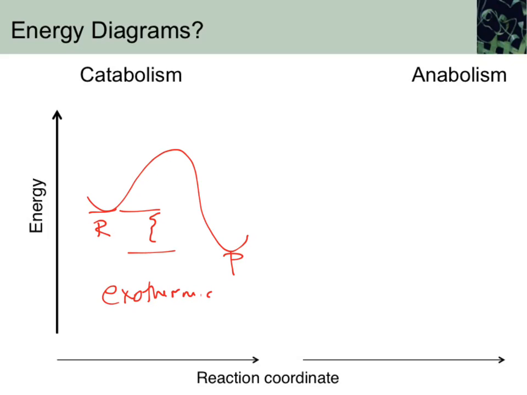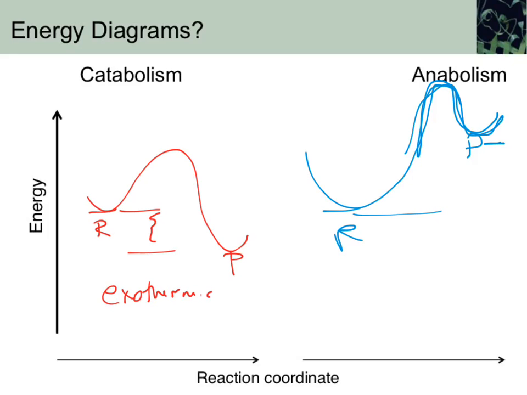Anabolism, if we looked at our reactant energy versus our product, where would our product be? Above it. Higher in energy. That looks kind of horrible, but it's close enough. And the difference in energy there is saying we've got an endothermic reaction, and we have to somehow supply the energy to make that jump.